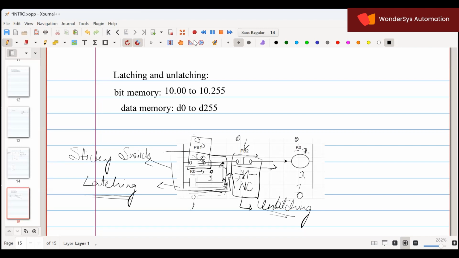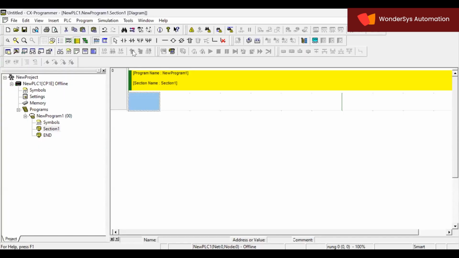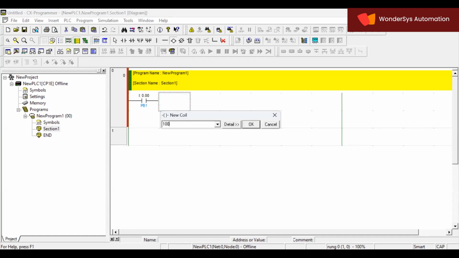Okay, let us realize this one in the CX programmer. So I am taking a push button. I'll name it as PB1. Then I'll take an output.